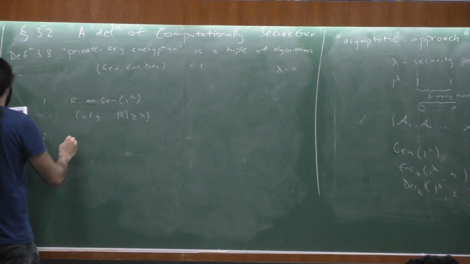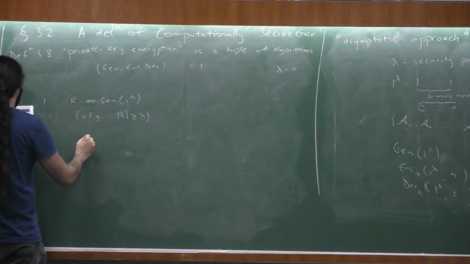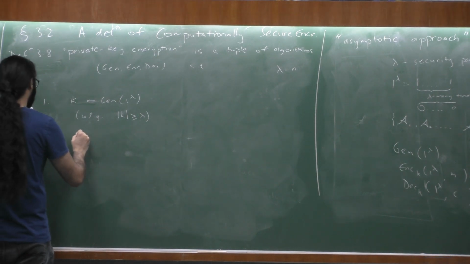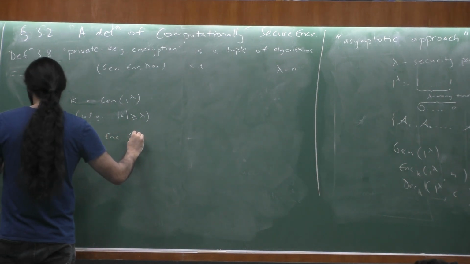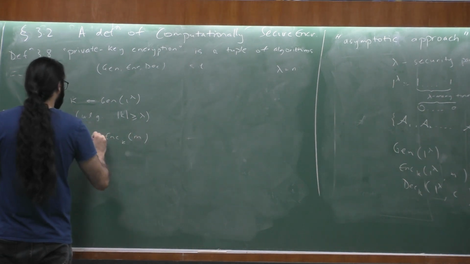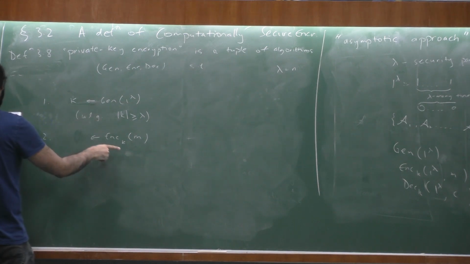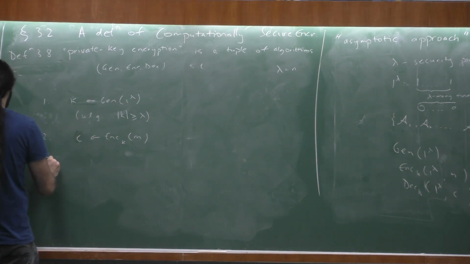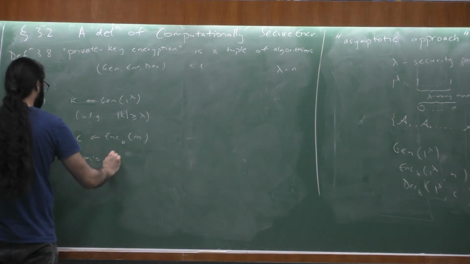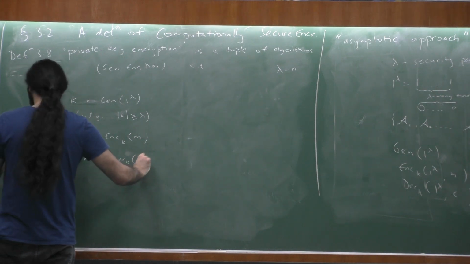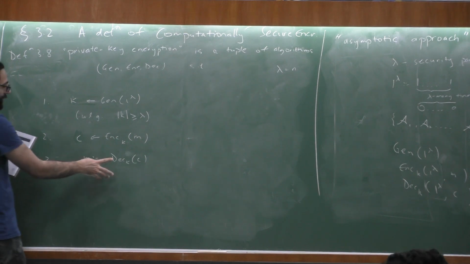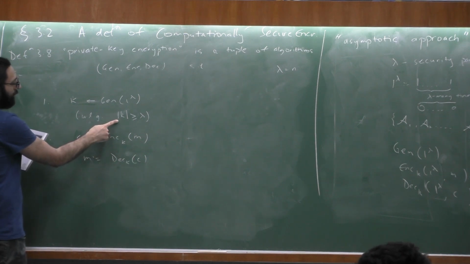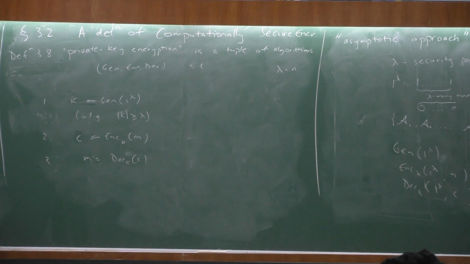The second is encryption. The encrypt algorithm takes as input k and a message m, exactly the same as we had before, and produces a c. And decrypt is, unsurprisingly, decrypt k given c. The lambda dependence is already captured in the fact that the length of the key is at least lambda.